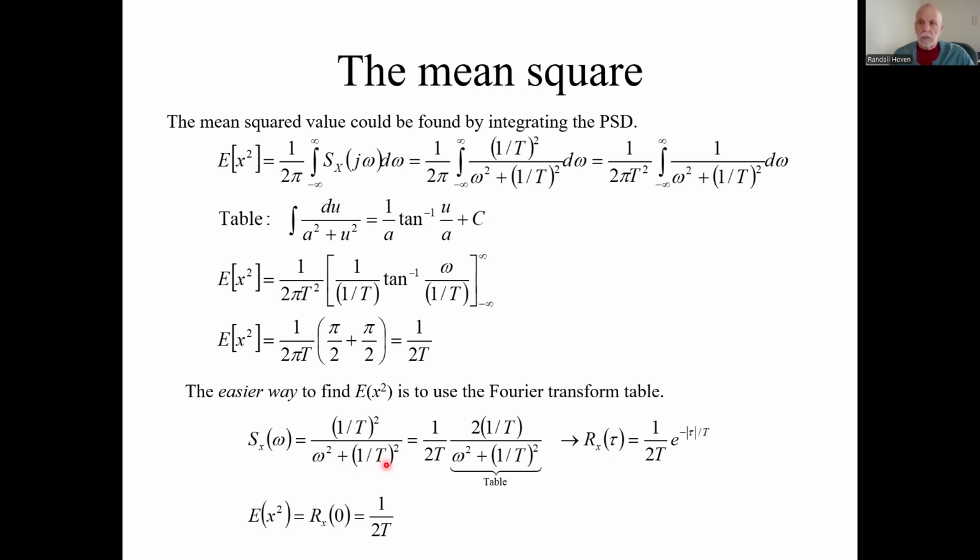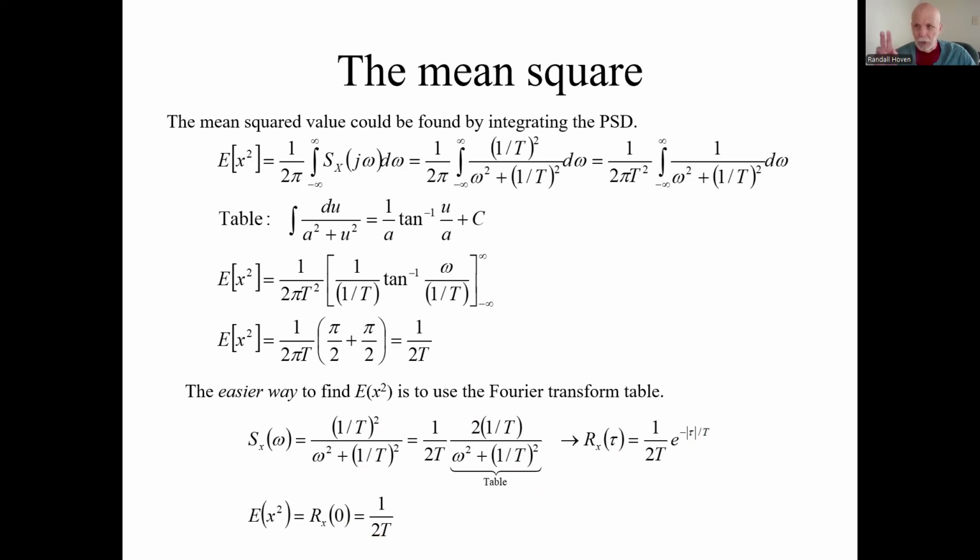In this case, that was easy because something that looks like this is in the Fourier transform table. Just to make it match the table, I needed to divide by 2T. Then what's left is something that's in the table. And it's this. And if I plug in 0 for tau, I just get 1 over 2T.